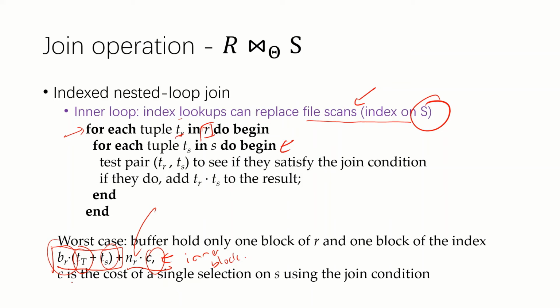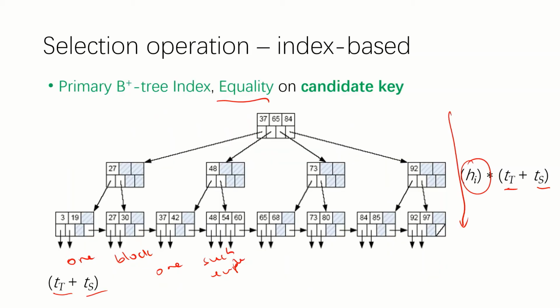And what exactly is this C? This is going to be equal to this cost, whereby it is the cost of me getting in the B plus tree down to the leaf, as well as the cost of me accessing the block.